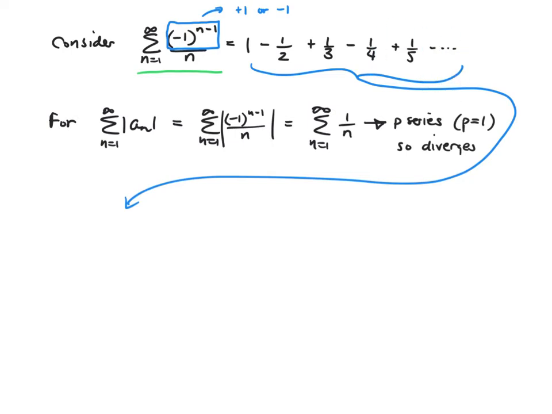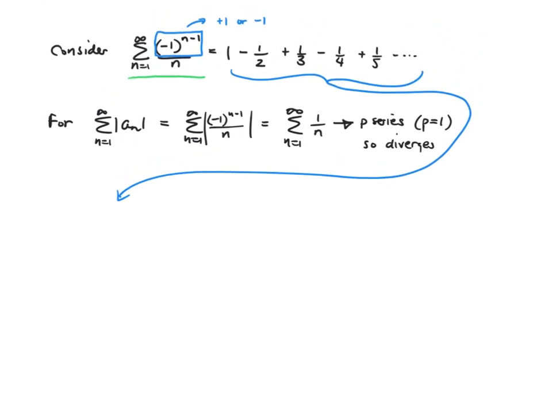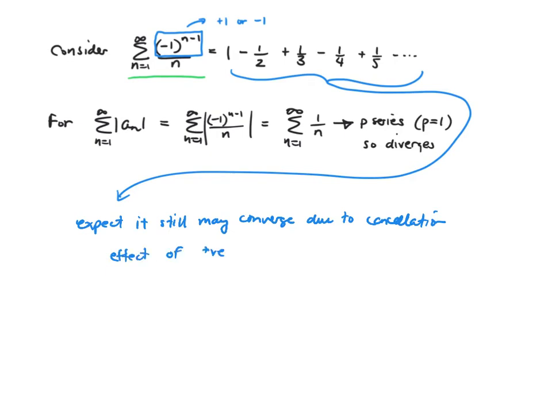So maybe that cancellation effect is going to still push this series into convergence, provided I don't have the absolute value on the thing. So my little observation here, just to guide my thinking, is I expect it still may converge. I don't know that, but it still may converge due to cancellation effects of the positive and negative terms.